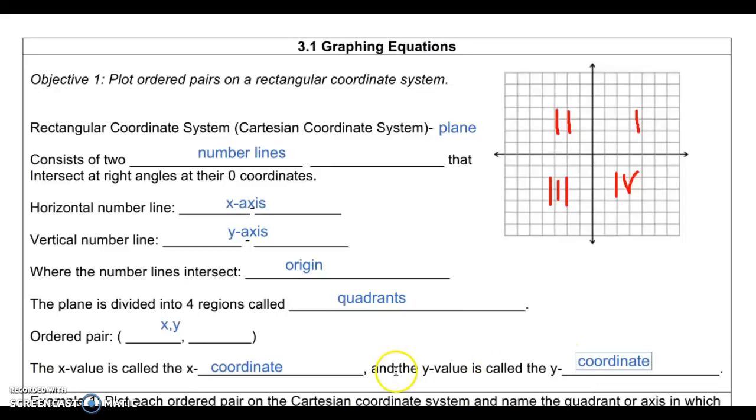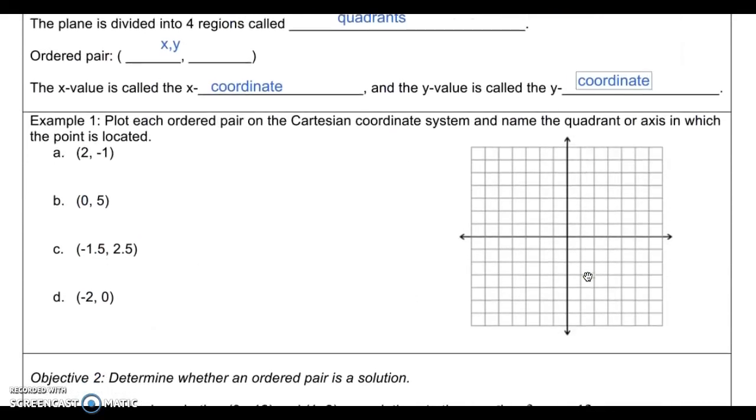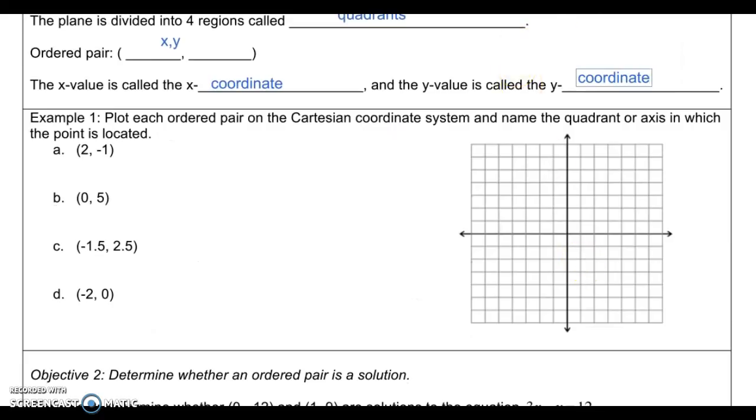And the x coordinate is referring to where along the horizontal number line we are going, and then we go to the corresponding y value or the y coordinate as well. So our example 1 is using these values to find a location on our plane.